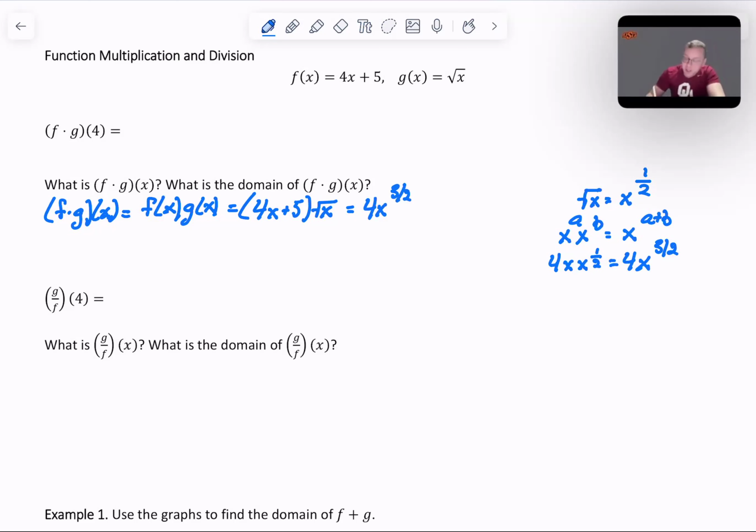And then we have plus 5 square root of x. Everyone okay with that work so far? Just for the multiplication piece, not for the domain, but just for multiplying the two functions. Does that make sense so far?